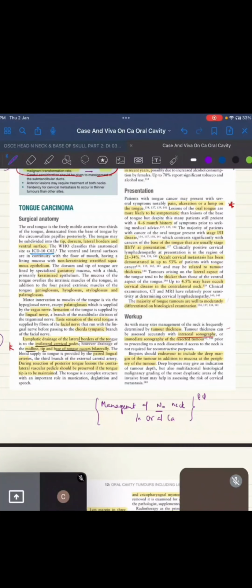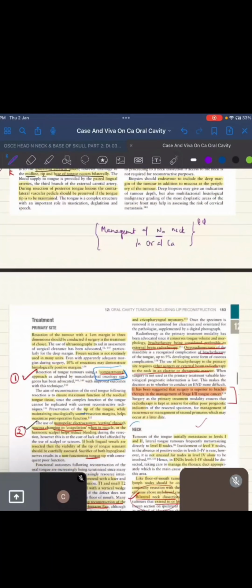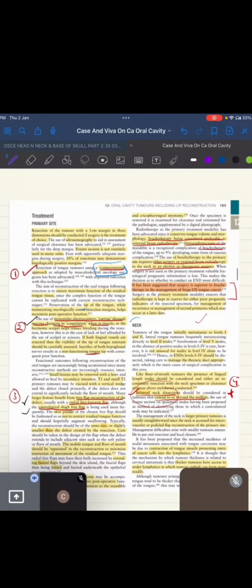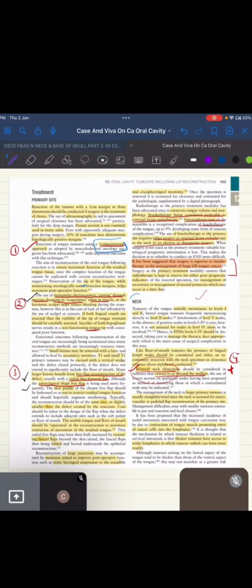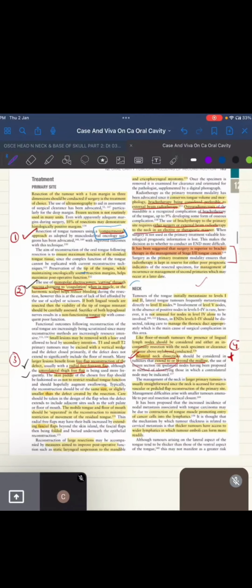Okay, second point, we have seen this, not an issue. Moving ahead, here also three things you have to remember. The first one is the compartmental approach. What is the compartmental approach?